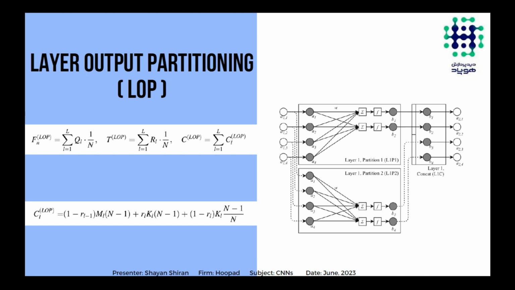I'm not sure if each of these partitions specifically, for example layer one's first partition, can do the inference, but I think they must be concatenated to produce it, because we produce a subset of the outputs, not all of them.